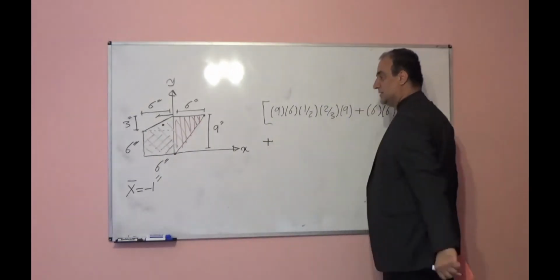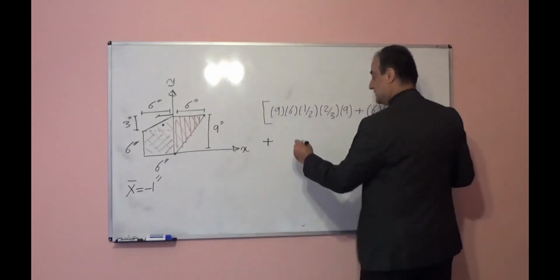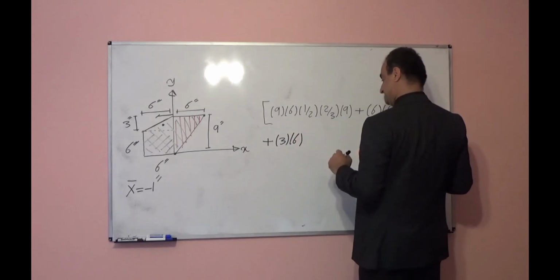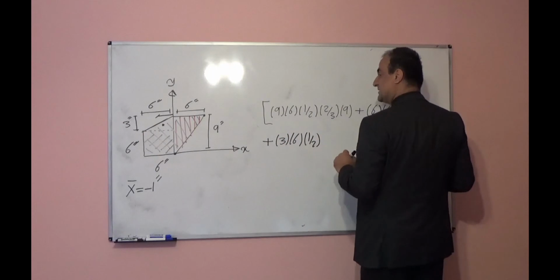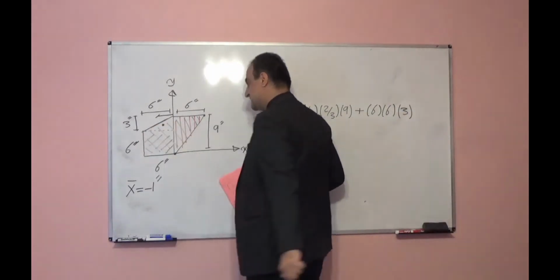plus the area for this triangle. It will be 3 times 6 times half times the centroid distance up to x.